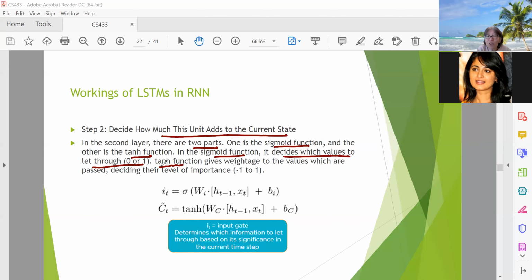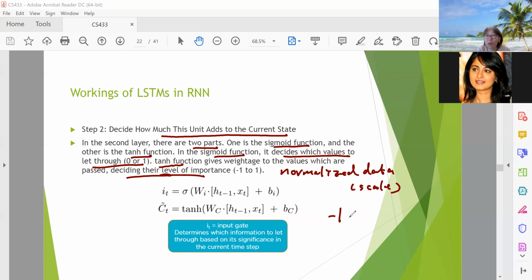And what tanh basically does is try to normalize the data, because the tanh result is between -1 and 1. It's still based on the hidden state and the current input.